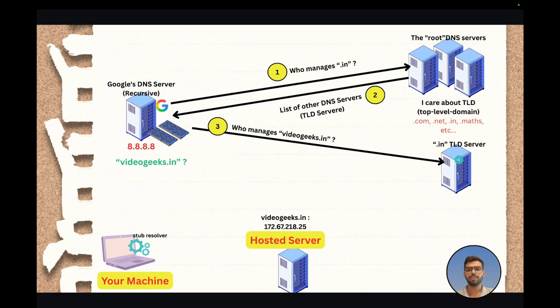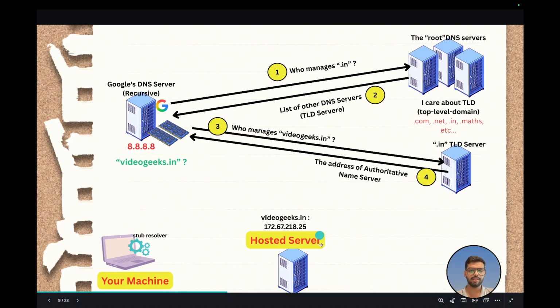Now in response to that, the TLD server will reply with the address of the authoritative name server. The authoritative name server means the DNS server that manages the hosting of videogeeks.in. So this is the authoritative DNS server, or name server, where videogeeks.in is hosted. So in response to this query, the TLD server will reply with the address of this.